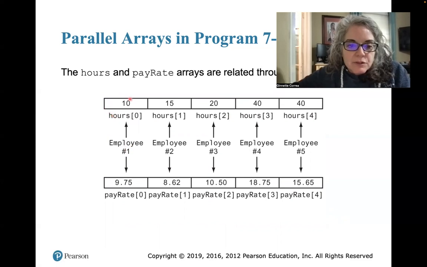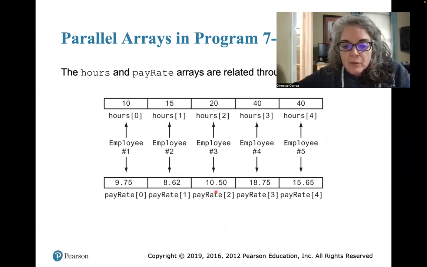Employee 1's hours are 10. He gets paid $9.75. Employee 2's hours are 15. He gets paid $8.62. So these are parallel. These hours correspond with this guy's pay rate, or girl's pay rate, or person's pay rate.